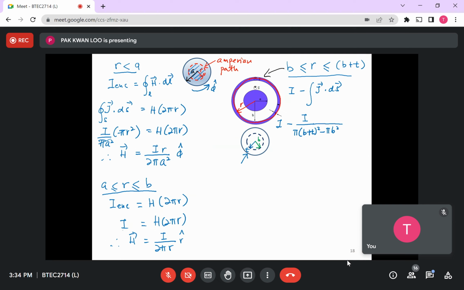And if let's say it will be 4 pi R squared, the limit will be B to R, right?